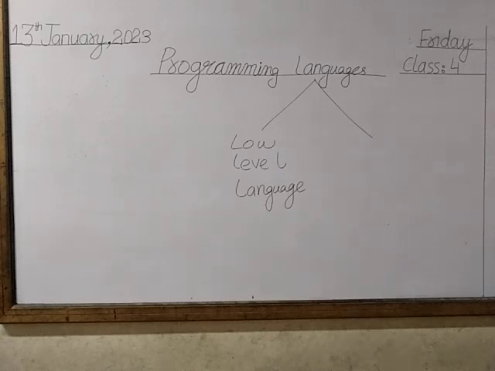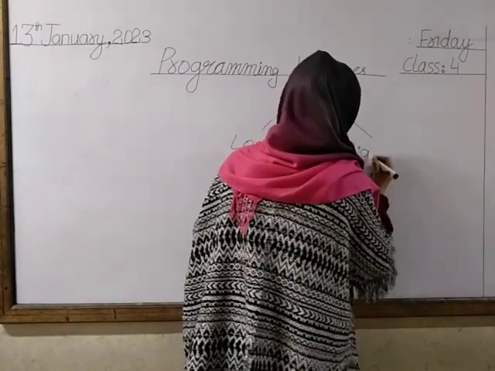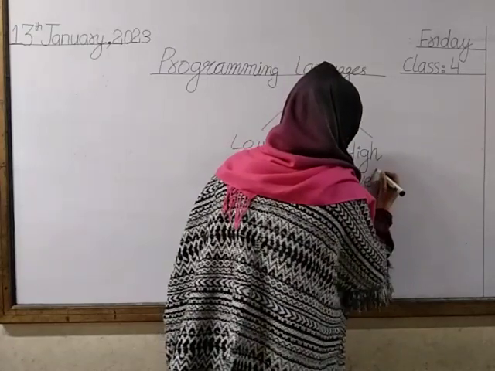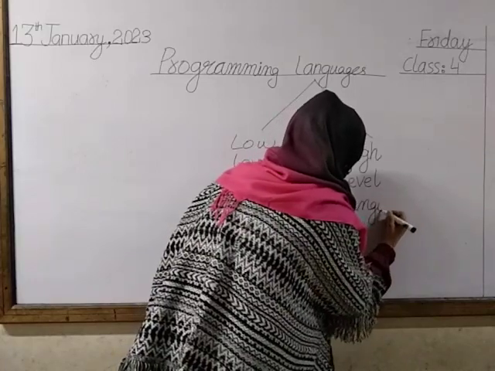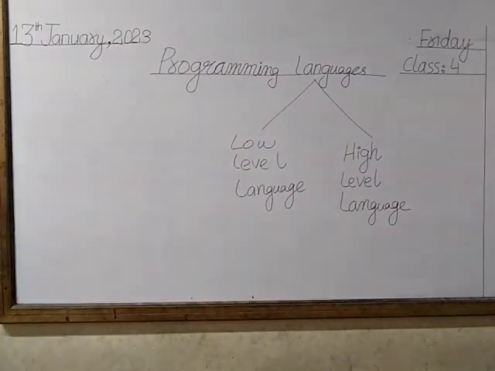Yes, the second type of language is high level language. Can we write a program in low level language? No. Can we write a program in high level language, class?